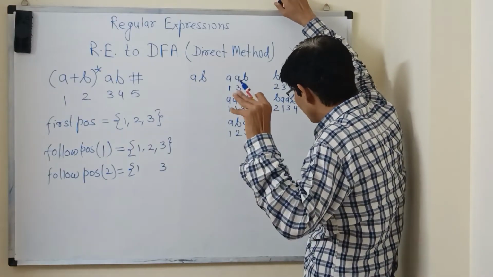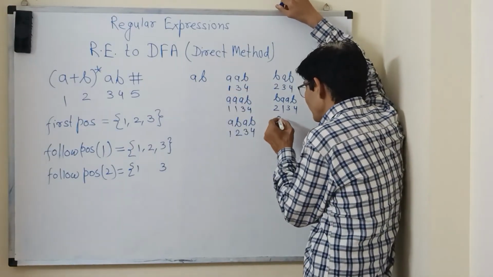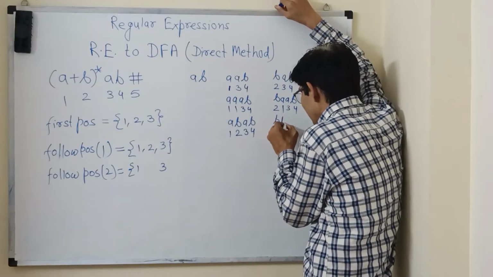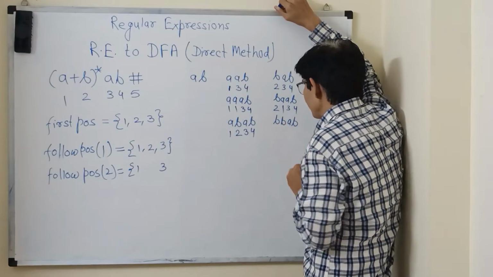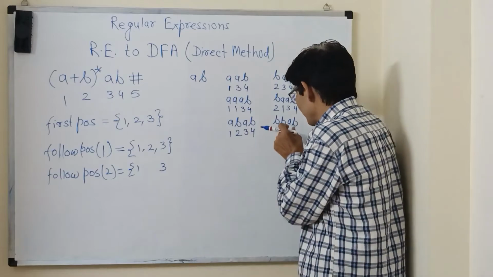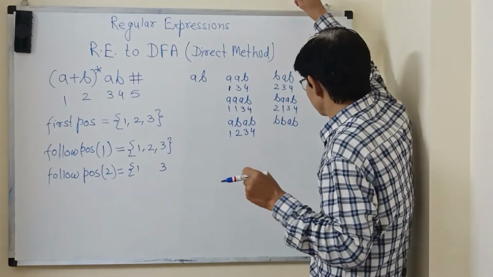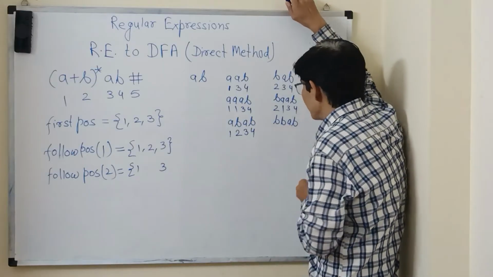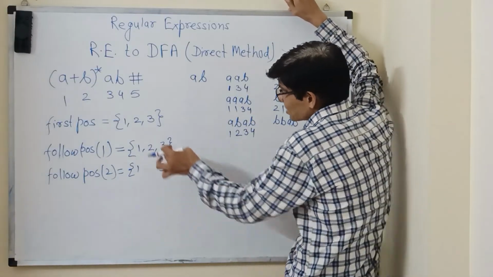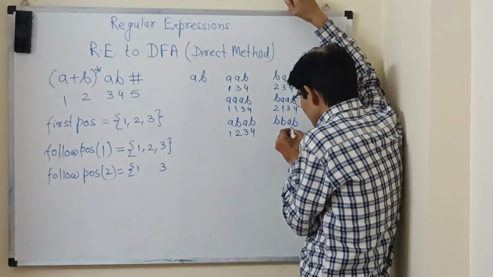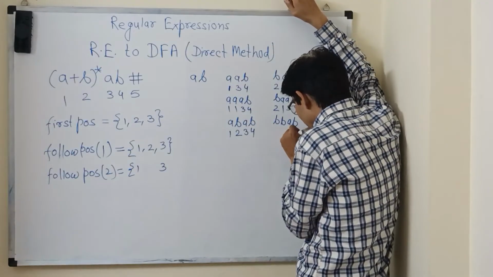Now we can take one more example. Now if we have BBAB, which is a valid string from this regular expression, then AB is the compulsory string, so the compulsory string is 3 and 4.